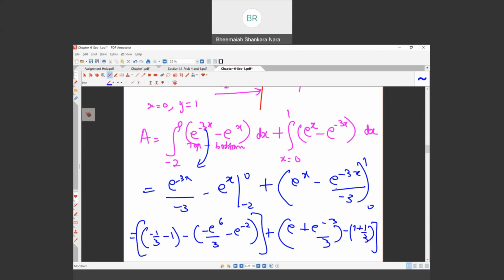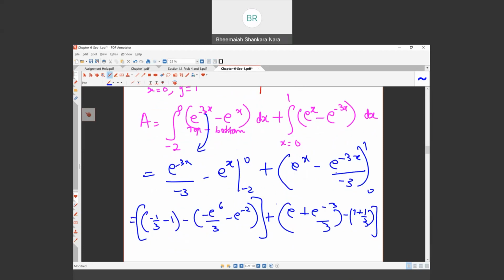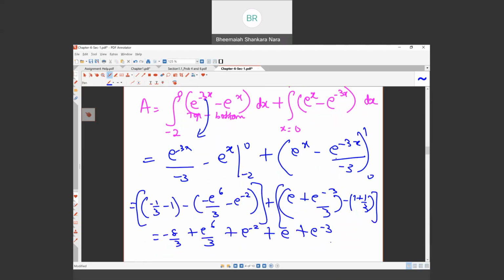Simplify further, we get -8/3 plus e to the 6 divided by 3 plus e to the -2 plus e to the -3 divided by 3. So this is the final simplified format for the area between the two given exponential curves.